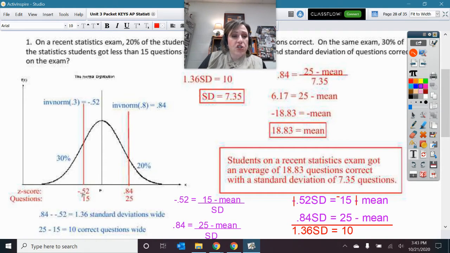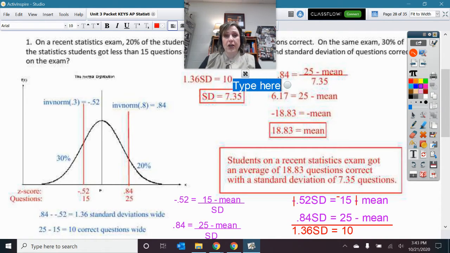Okay. So then I equated these distances. This distance from negative 0.52 to positive 0.84 was 1.36 standard deviations wide. It was also 15 to 25 questions wide, so it's 10 questions wide. And so then we set that up: 1.36 standard deviations equals 10.